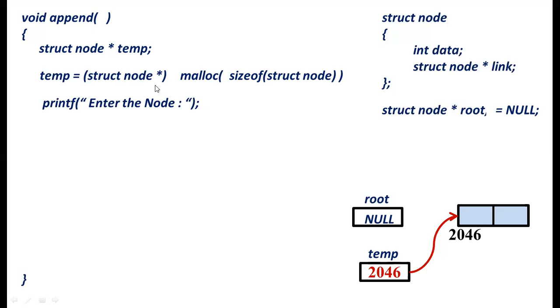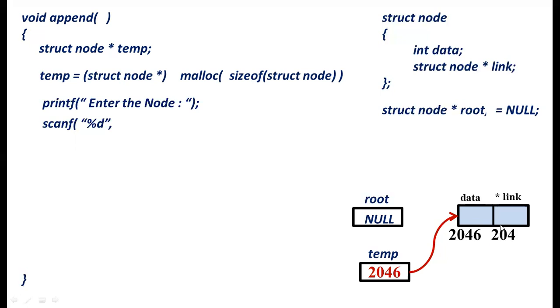So can you say how we can collect the data? We can collect the data by using temp to data. For that, we are going to use scanf %d. If you observe carefully, the node has two fields: one is the data field and the other is the link field.